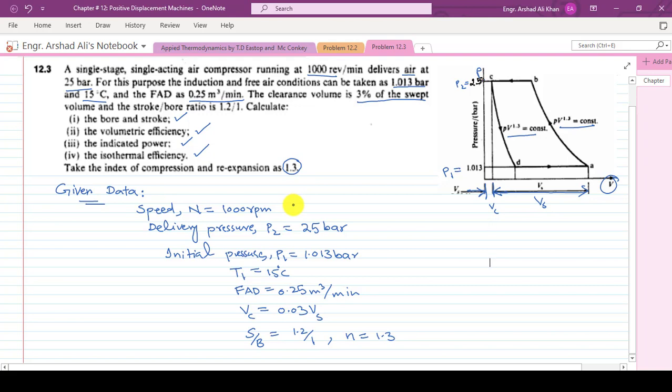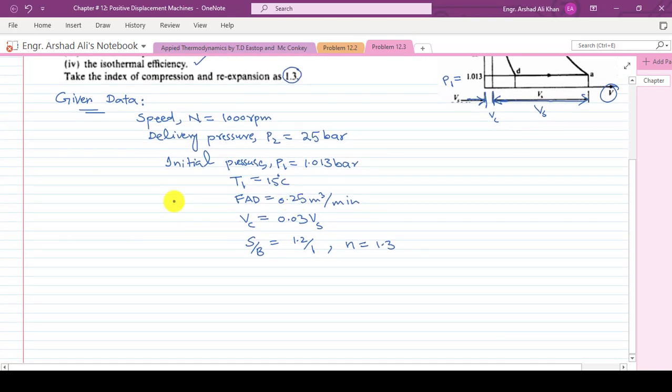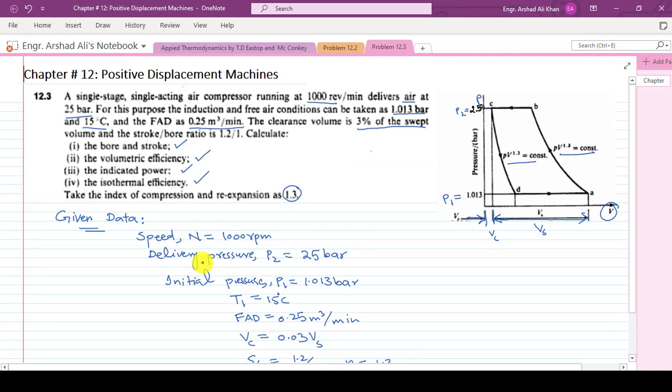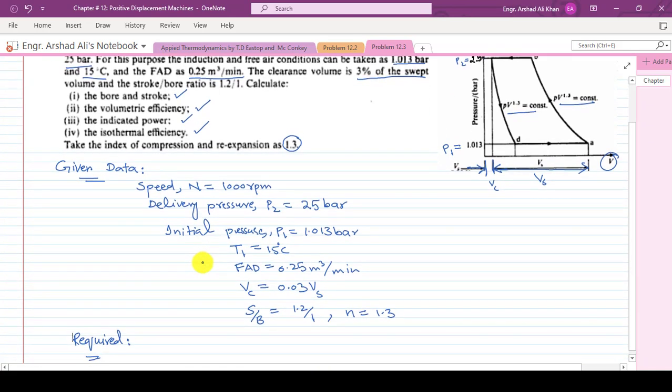From the problem, we have to find what things are required. First, we have to find the bore and stroke of the compressor. Bore is basically the diameter of the cylinder, and stroke is the length of travel.